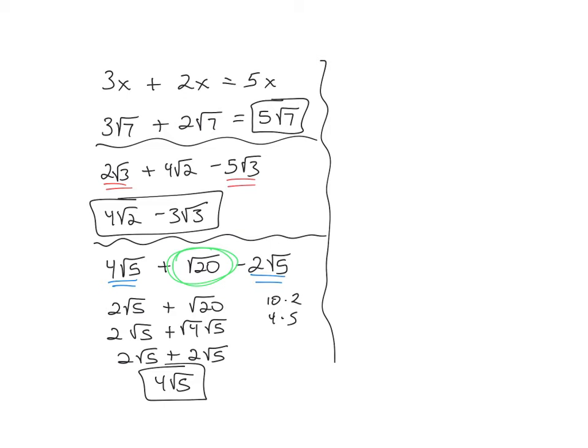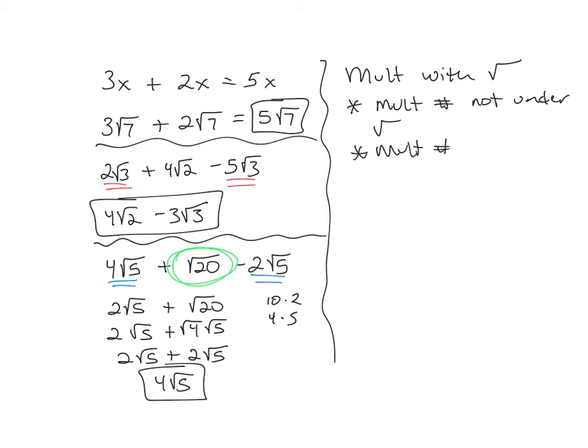Okay? All right, so multiplying with radicals, I think I've said this before, but you can multiply numbers not under the radical, and you can multiply numbers that are under the radical, just not one that's not under and one that is under.